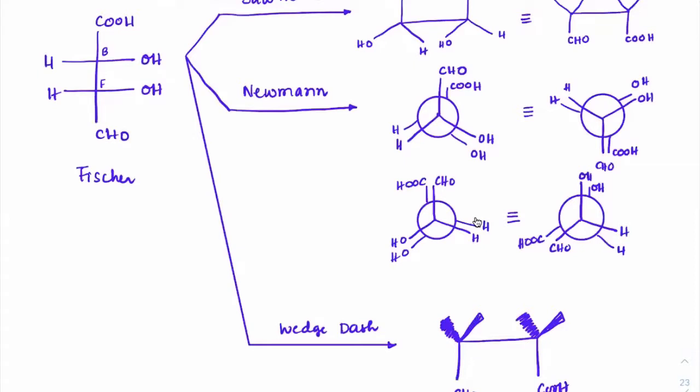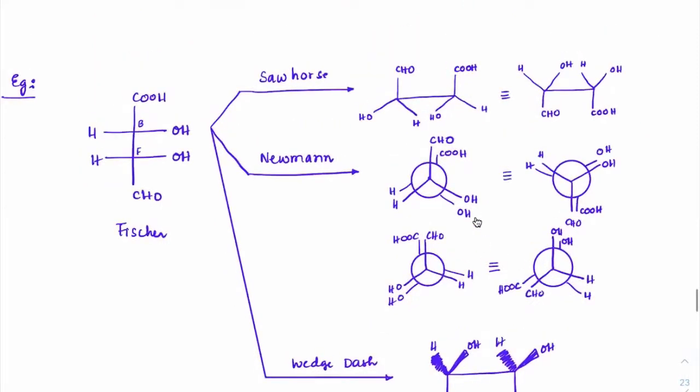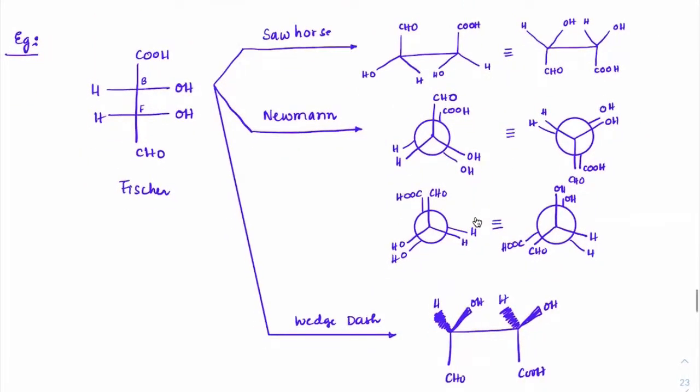You have to view from this side. From this side, when COOH is there, on the right side what I'm getting is OH. So OH should be here, OH should be here, H should be here, H should be here. That's all. Now you know how to do the eclipsed form, right?